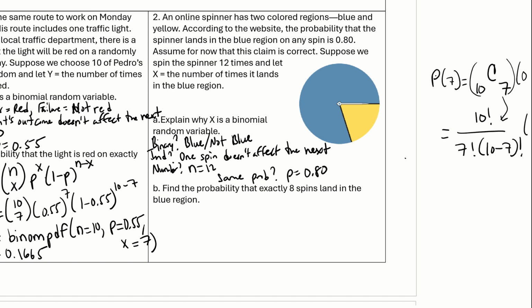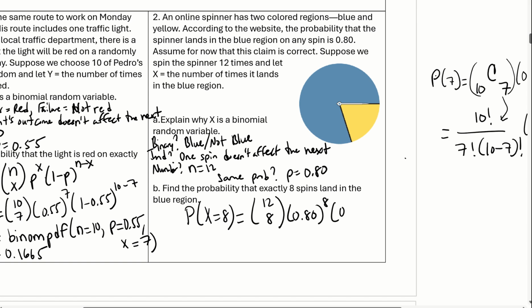All right, so part B: find the probability that exactly 8 spins land in the blue region. Since we know it's binomial, the probability of x equals 8 is equal to 12 choose 8, times 0.80 raised to the 8th power, for 8 successes, and then 1 minus 0.80, which is 0.20, raised to the 12 minus 8 power, which is the 4th power.